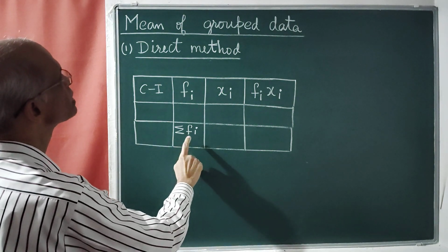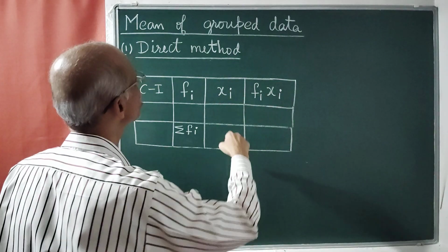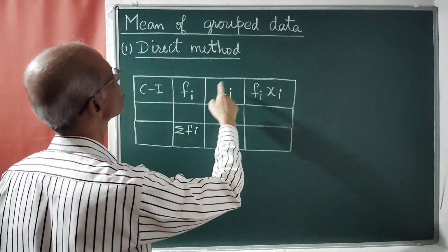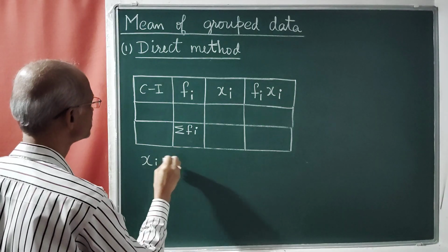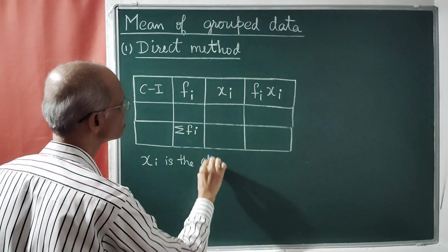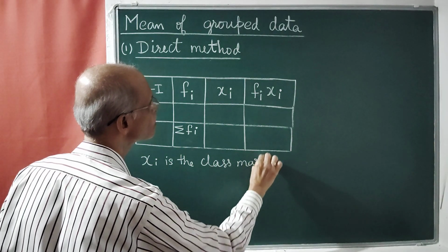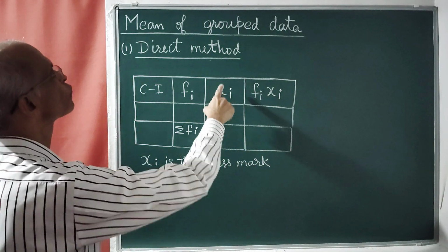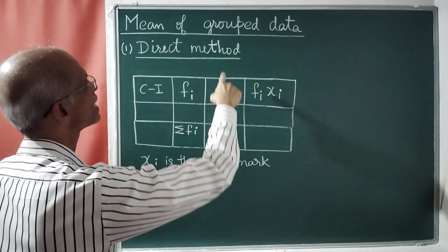In the xi column, what is xi? Xi is the class mark. We have to find the class marks of all the classes and write them in this column.